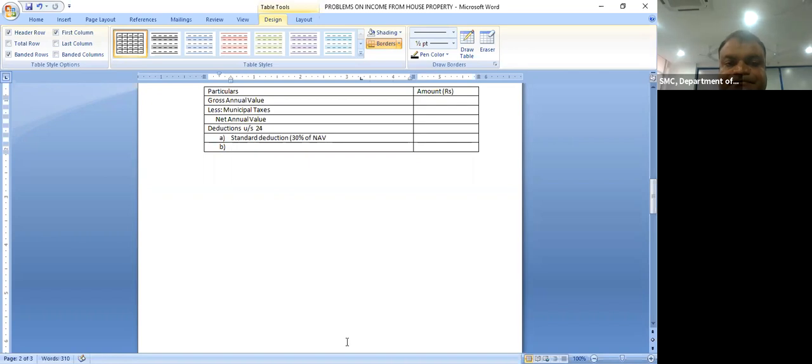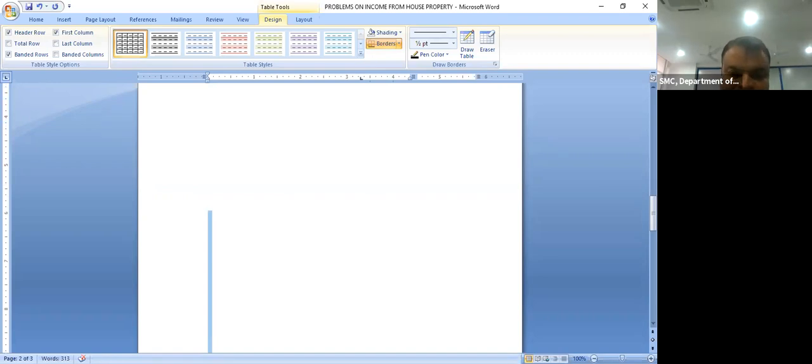Am I right? And B, interest on loan. Then what we get, we call as the income from house property.